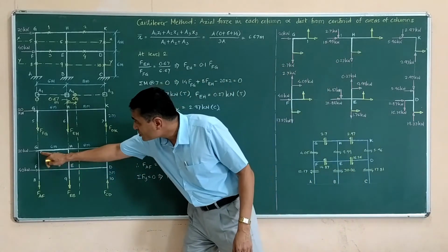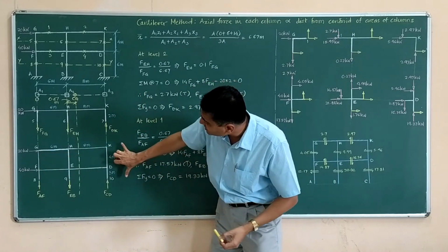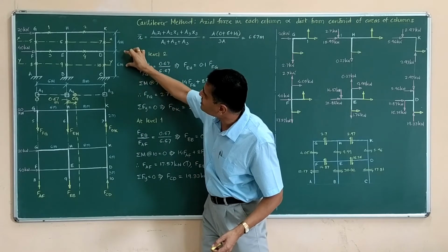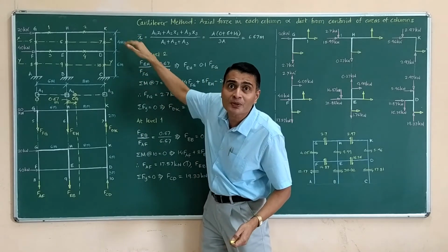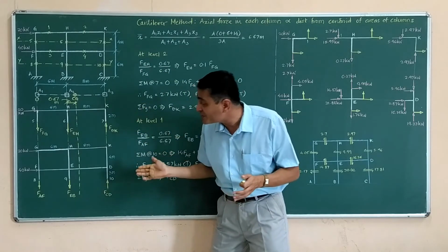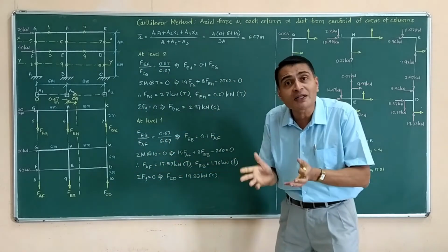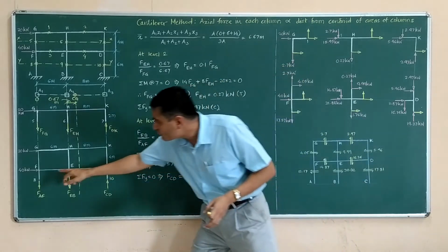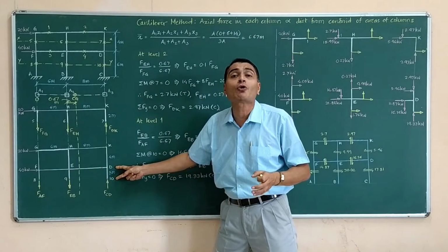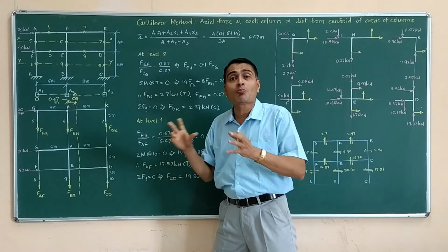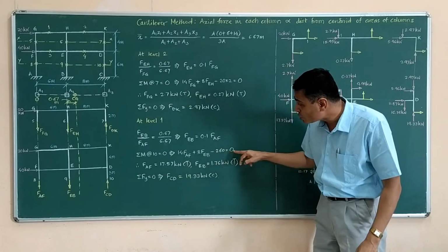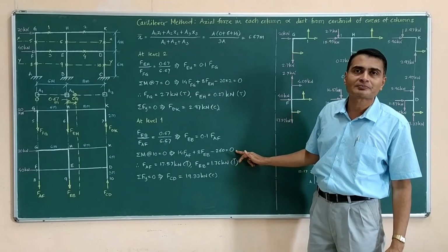Check here. This is 20 multiplied by 7: 4 meters plus half of 6, that is 3, so 4 plus 3, that is 7. 20 multiplied by 7 clockwise would be 140 negative, and then 40 multiplied by 3 would be 120 clockwise, that is negative again. So minus 140 minus 120, I am writing negative 260 equal to 0.